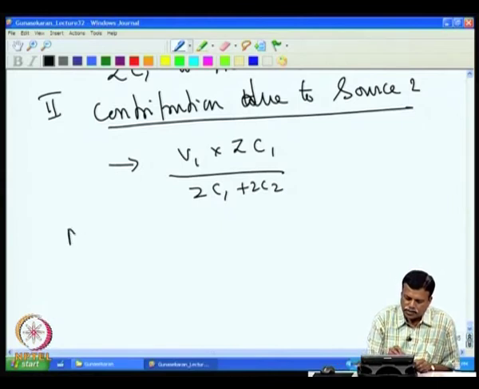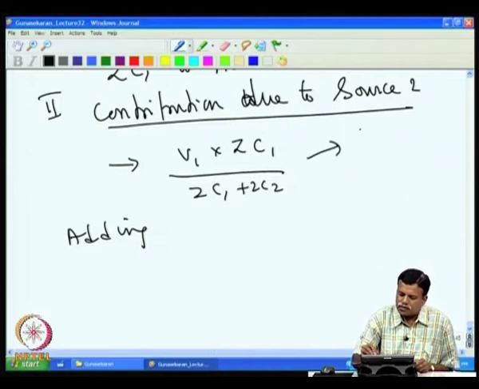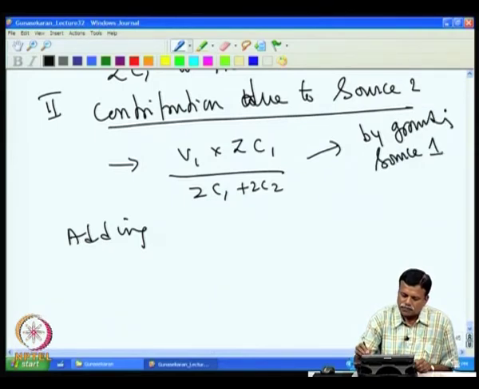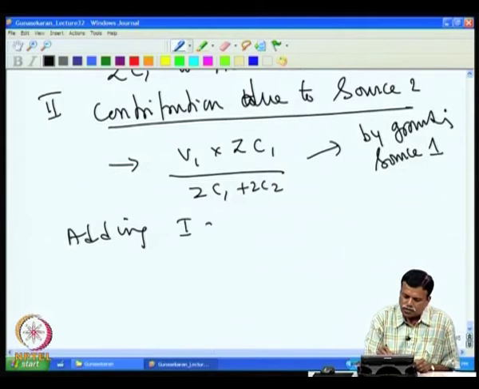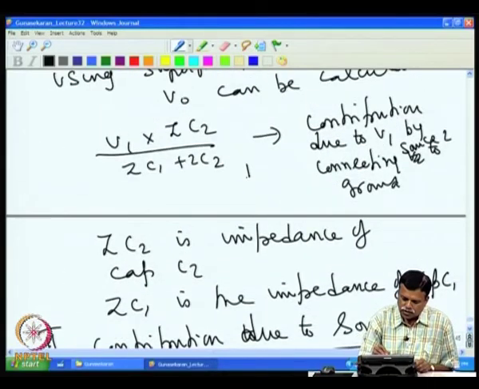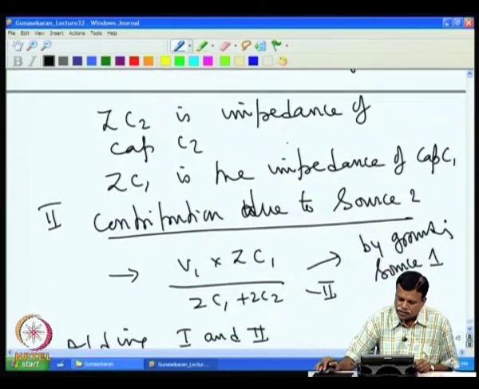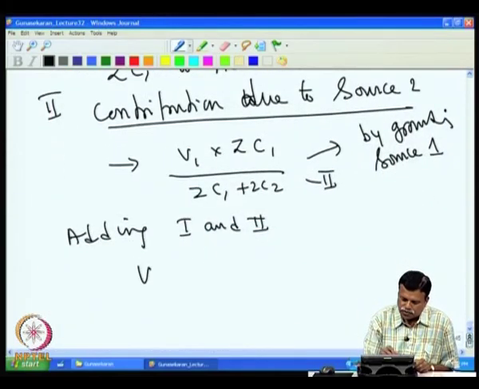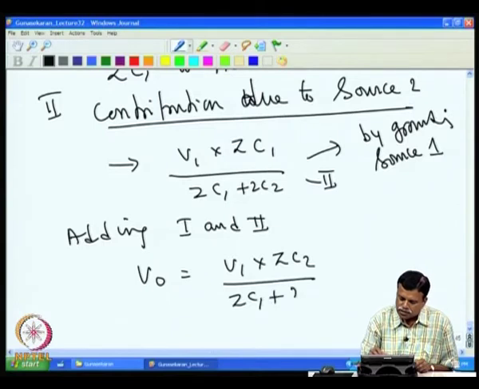This is done by grounding source 1. So, adding 1 and 2, this is equation 2 and we had equation 1, we can get the output voltage V0. So, V0 becomes V1 into ZC2 divided by ZC1 plus ZC2.